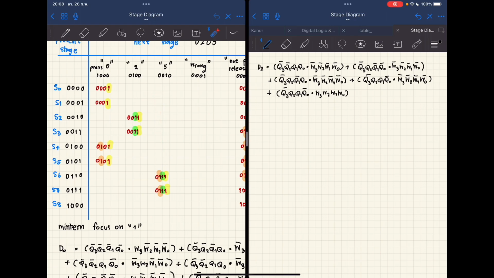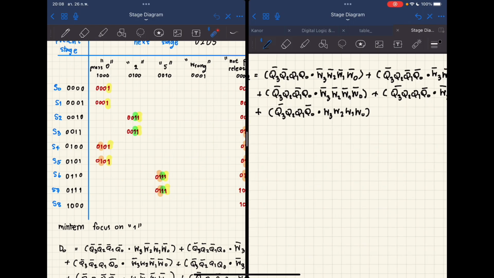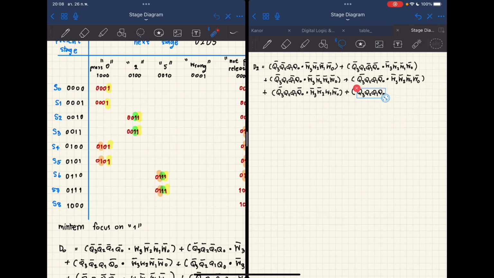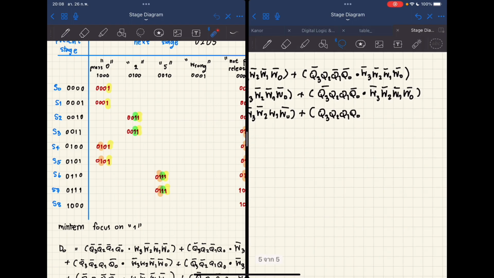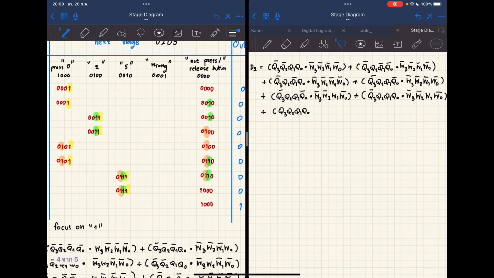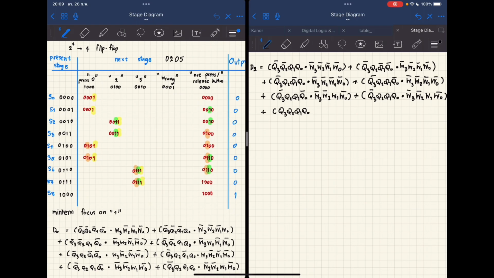And we press 5. And then this one and this one is stage 4.